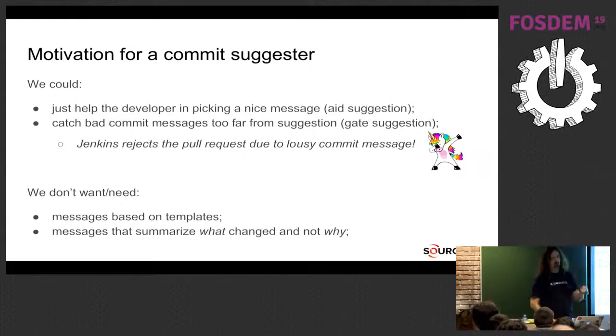What we don't want, anyway, is a message based on templates, because messages based on templates just suck. They can only tell you very narrow cases, and we don't want a nicely crafted message where you just fill in names. Instead, we want to generate a message which pertains to the very specific case you're tackling.